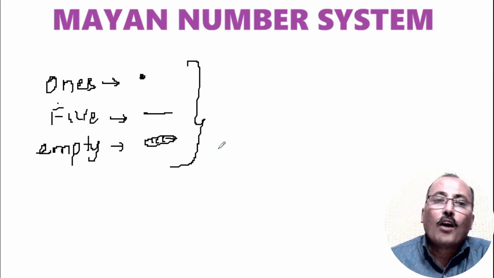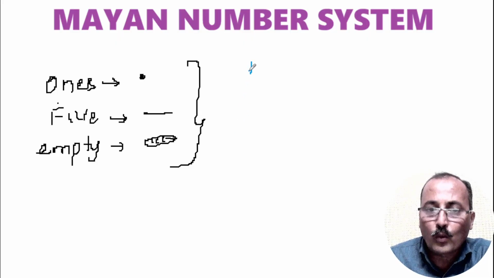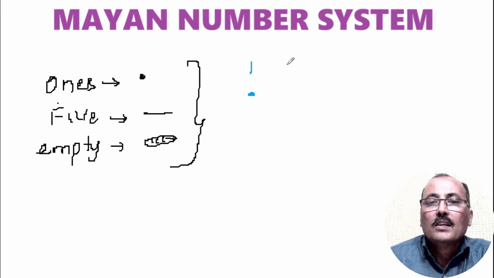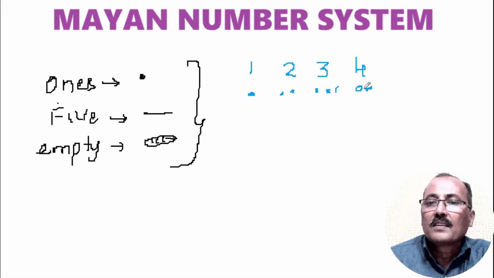Now let us see how they wrote the numbers using this system. Let us start with 1. 1 means 1 dot, 2 means 2 dots, 3 is 3 dots, 4 is 4 dots.